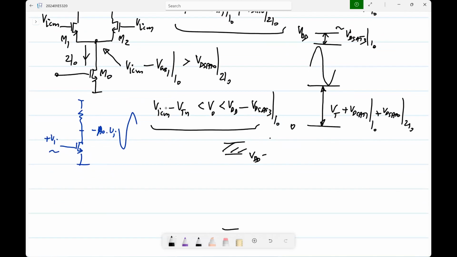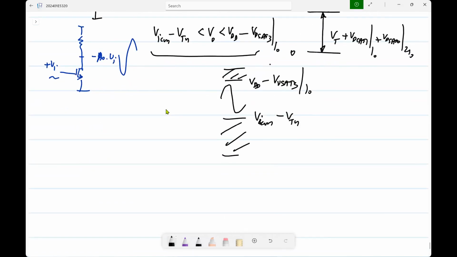You can go up to VDD minus VDsat3, and on the lower side, it depends on VCM. It is VICM minus VTN. It's basically the actual input common mode.